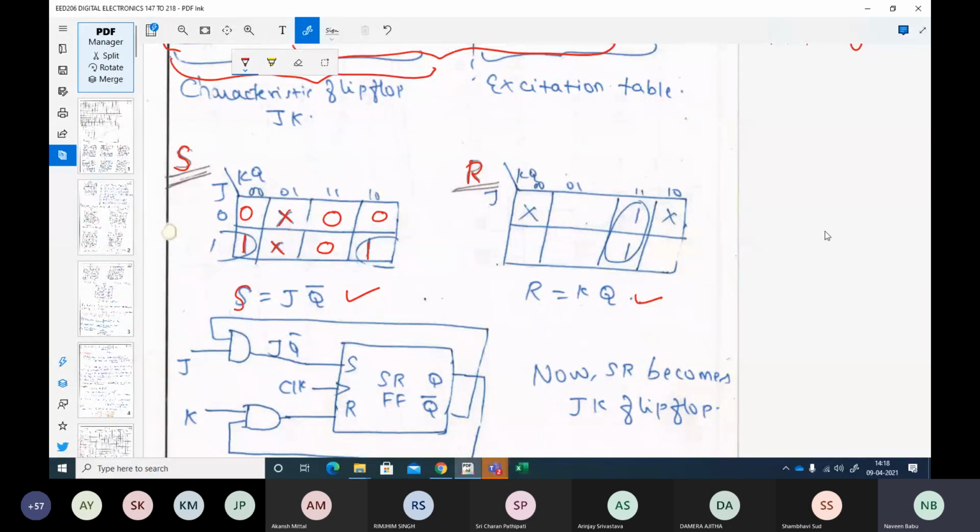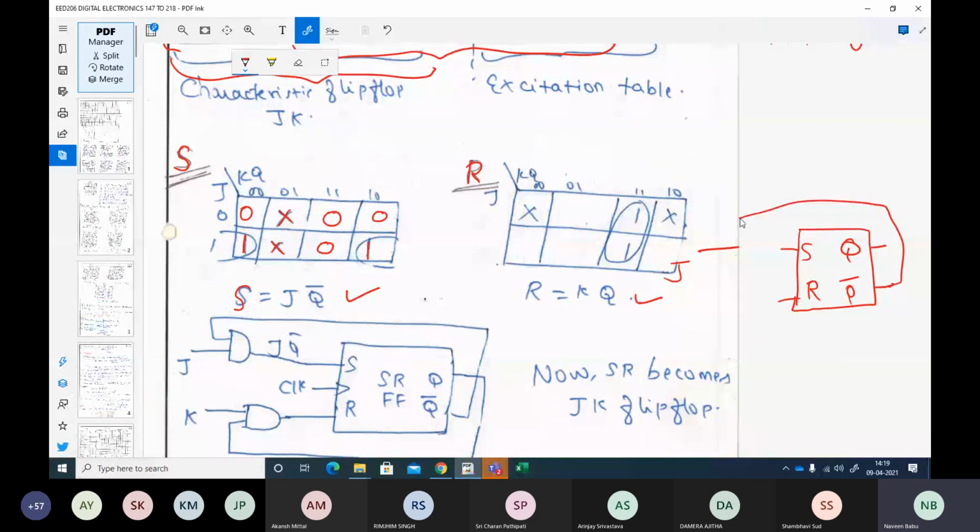Now what is the flip-flop we have in hand? We have an SR flip-flop in hand. And what are the inputs and outputs? S and R are the inputs of the flip-flop, and Q and Q bar are the outputs of your SR flip-flop. Now what is the equation for S input? It is J Q bar. So I'm having a J input here. It is AND of Q bar.